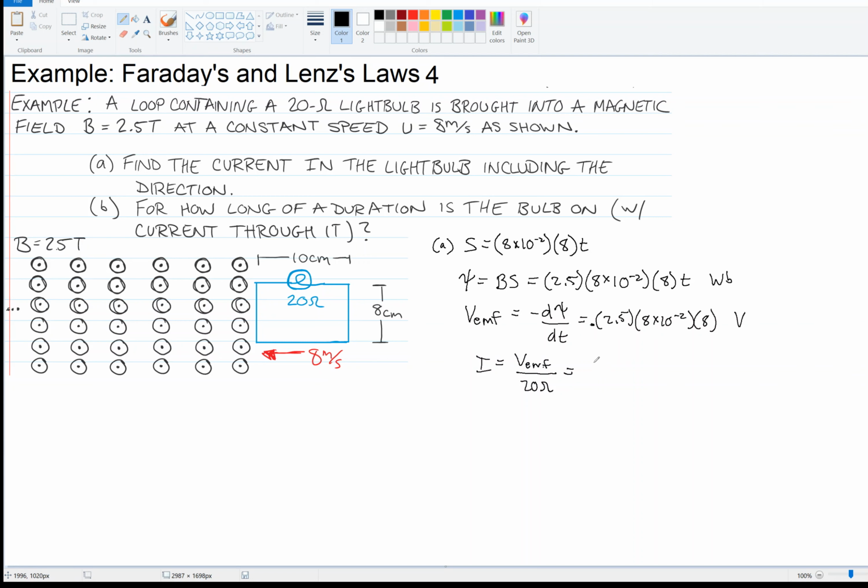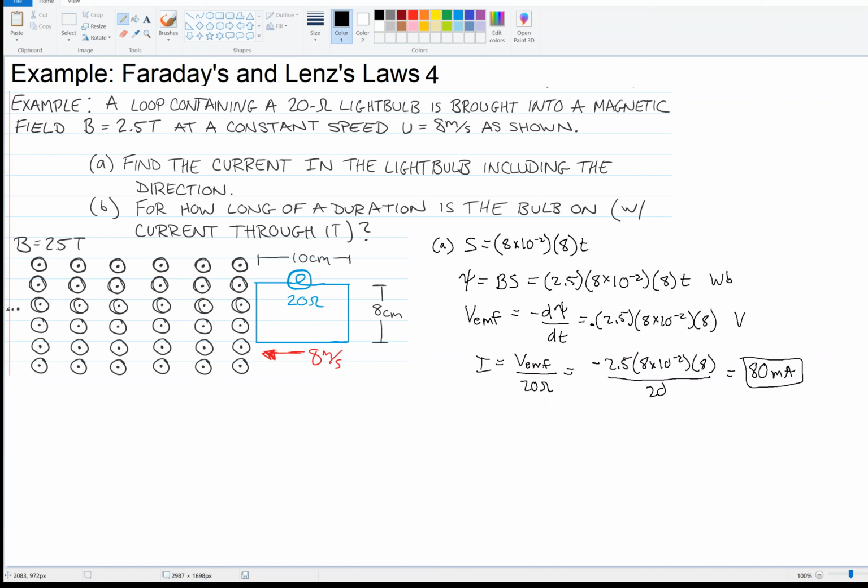So there should be a negative there, so negative 2.5 times 8 times 10 to the minus 2 times 8 divided by 20, and then we go punching away in our calculators, and we get 80 milliamps. Great.